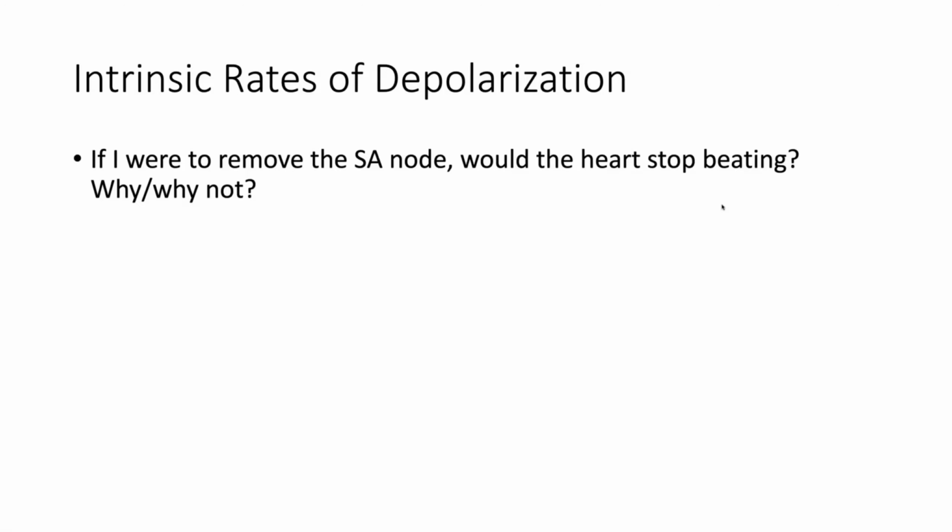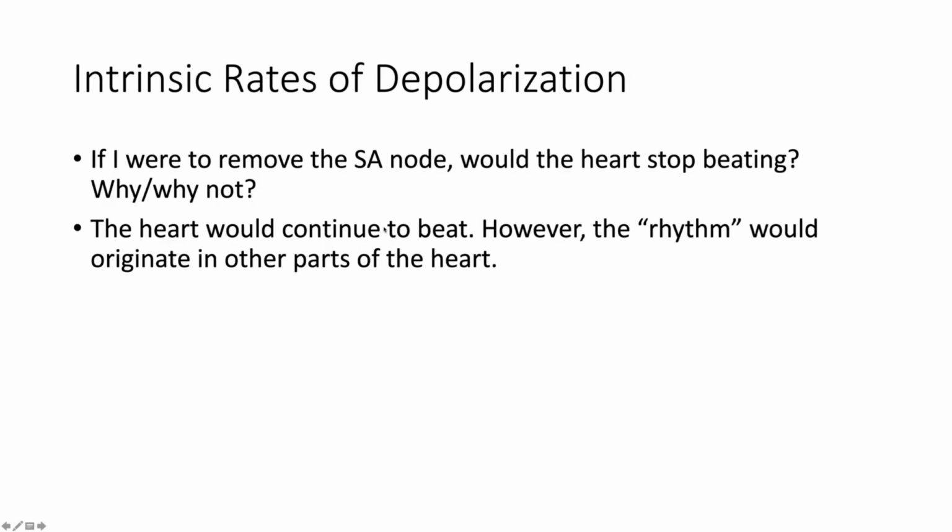I guess the heart would not stop beating because there are still other firing points like the AV node and the His-Purkinje system or even the ventricles, but it just would not go through the normal conduction pathway because the firing would not be delayed in the AV node. Yeah, perfect. So in other words, it's not ideal, but the heart would still continue to beat.